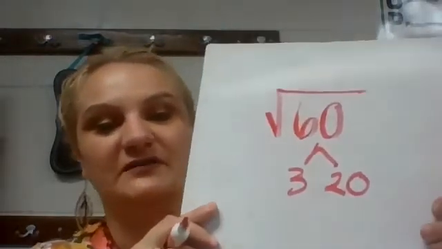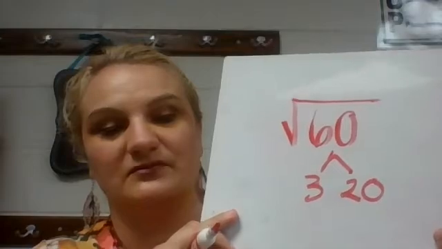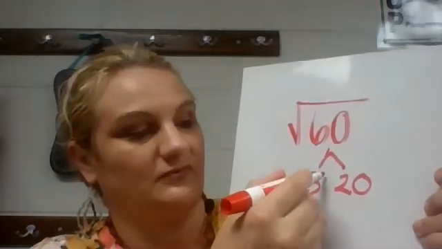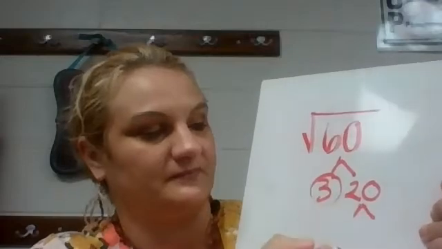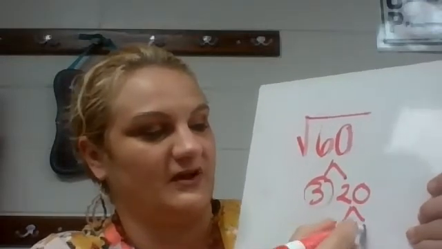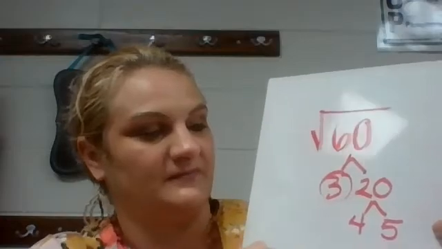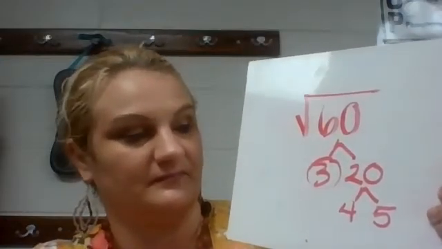So are any of these prime numbers? Yes, the 3. So what should I circle? The 3. Can I break down the 20? Yes, I can break it down into 4 and 5. Can I circle any of them? Yes, the 5.